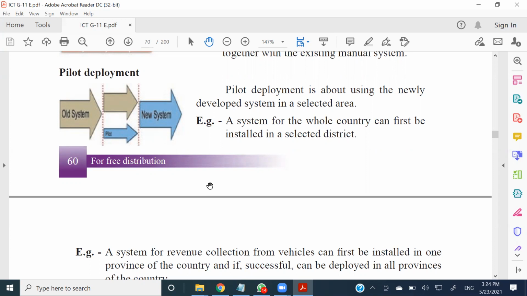So the company can save training cost, because a company employee is going to train the other employees, since that particular employee was in the pilot program, right? So that kind of advantage can be taken with the pilot deployment.